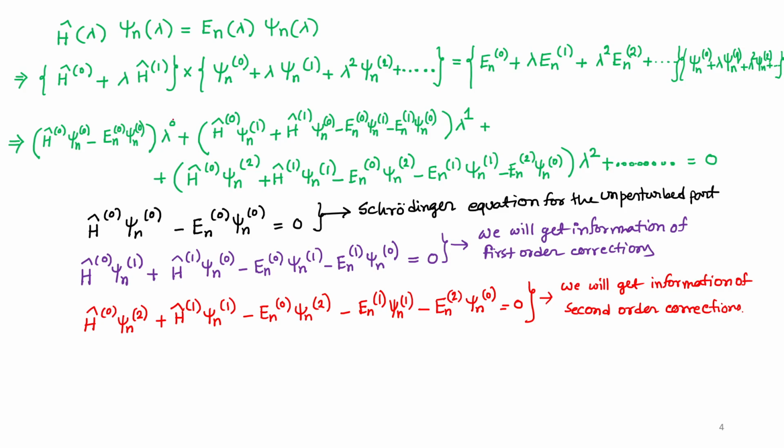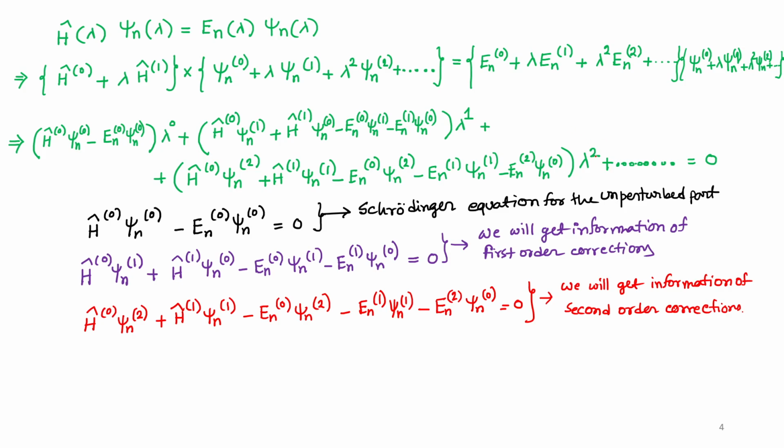When you are looking at lambda to the power 0, which is 1, it is 0 0 0 0. Now we are looking for the terms related to lambda to the power 1. See the orders: 0 plus 1, 1 plus 0, 0 plus 1, 1 plus 0. There is nothing like 0 0 or 0 2 or 1 1. So the addition of the orders will lead to lambda to the power 1, and those terms are going to be there, not more than that.